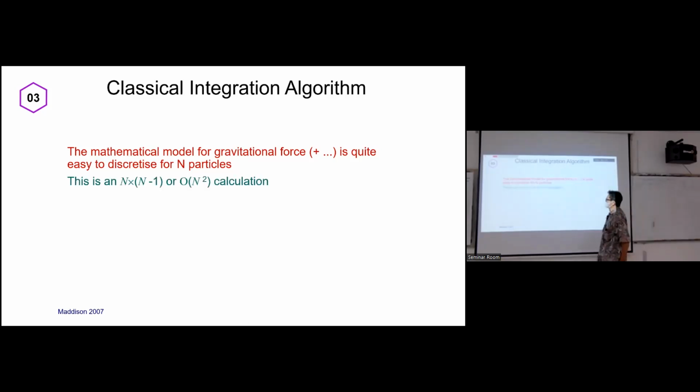Theoretically, the number of calculation, if you have 500, you will have for each step 500 times 999 calculation.